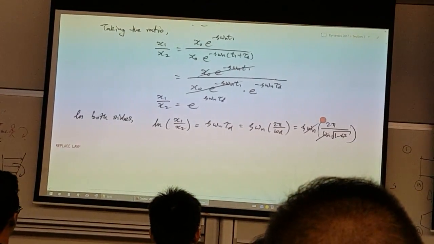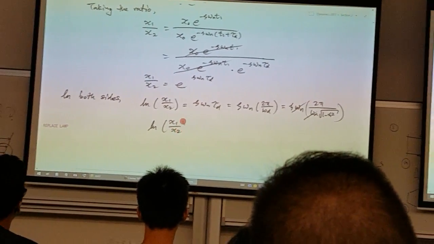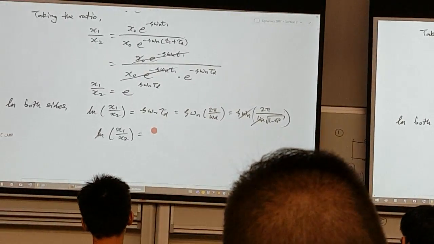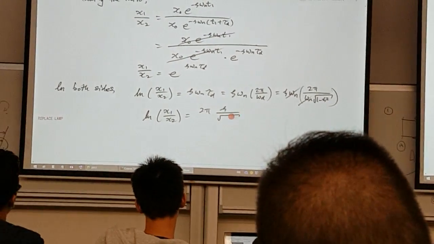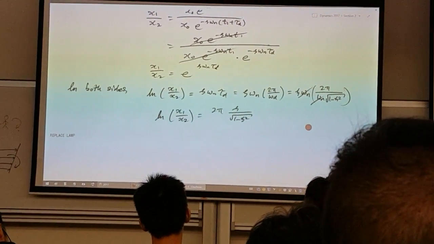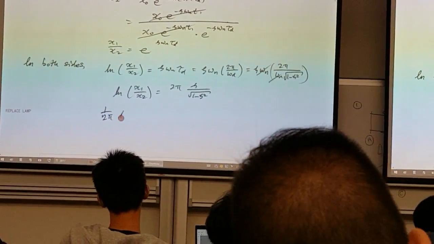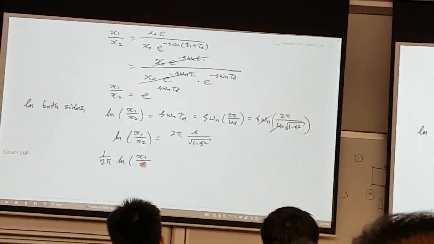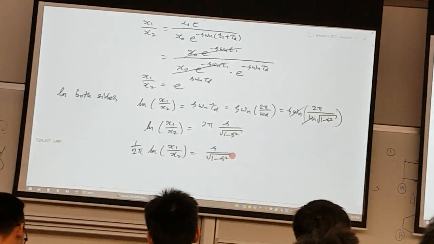So eventually, if I write it out, ln of x1 over x2 is equal to 2 pi zeta over square root of 1 minus zeta squared. That 2 pi I'll bring to the left hand side: 1 over 2 pi ln of x1 over x2 equals zeta over square root of 1 minus zeta squared.